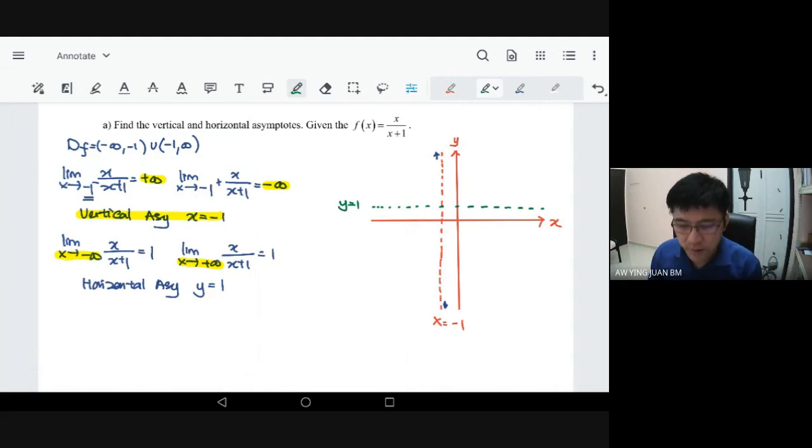Okay, towards the left. Dia ada dua kemungkinan, iaitu yang pertama di atas y equals to 1 atau di bawah y equals to 1. Kemudian lagi satu adalah when x approaching positive infinity, so the value will be equals to 1. Dia ada dua kemungkinan, iaitu di atas y equals to 1 atau di bawah y equals to 1.